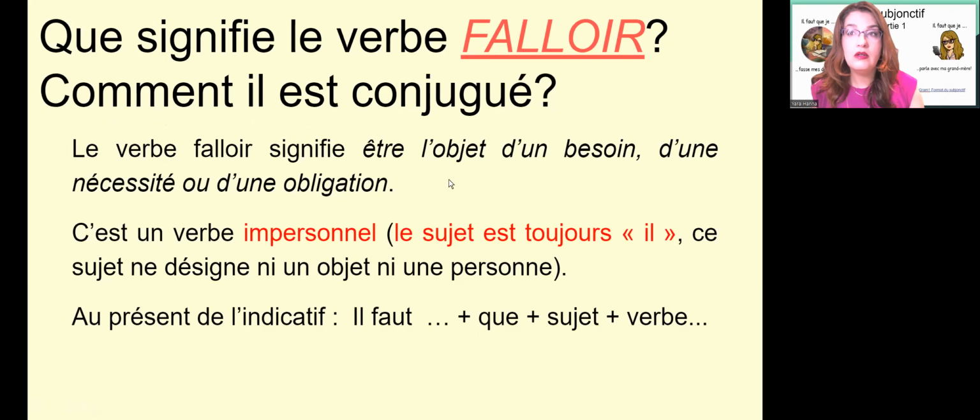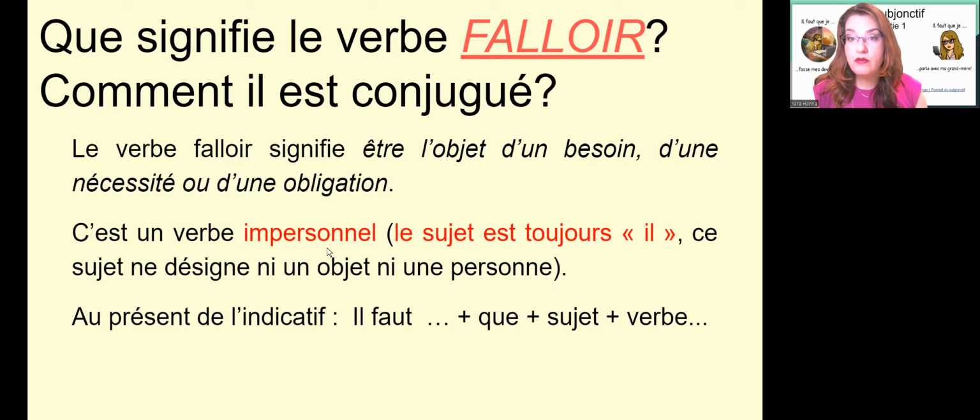D'accord? Maintenant, que signifie le verbe falloir? Comment il est conjugué? What is the verb falloir? I mentioned that you only conjugate it with il. So the verb falloir signifie être l'objet d'un besoin, to be the object of a need, d'une nécessité, of a necessity, ou d'une obligation. C'est un verbe impersonnel.